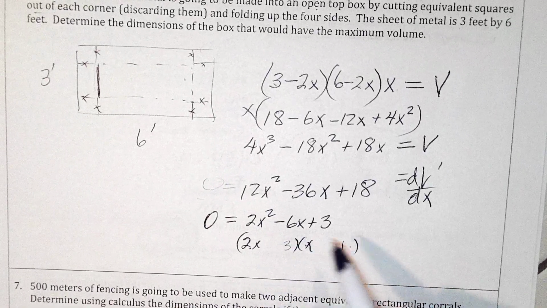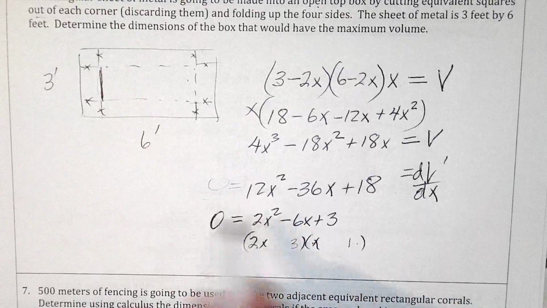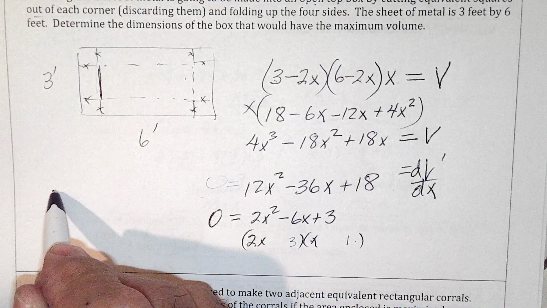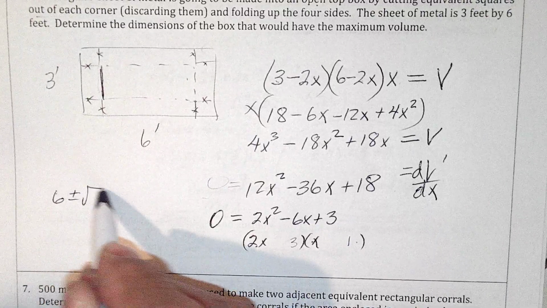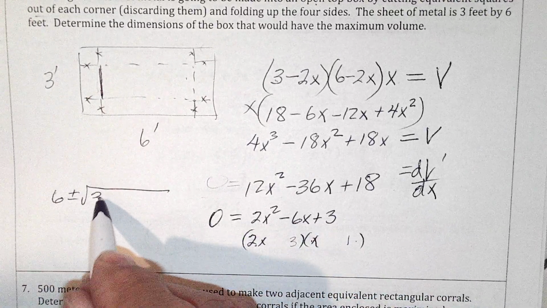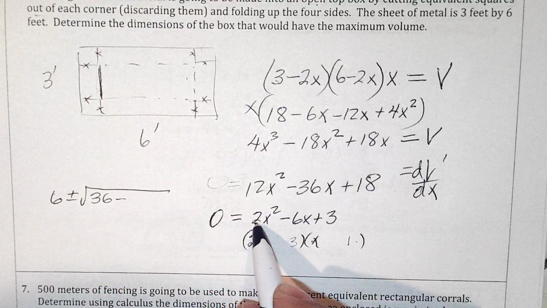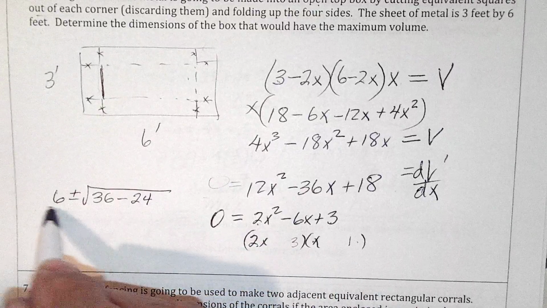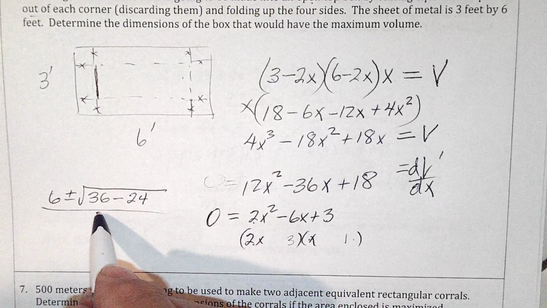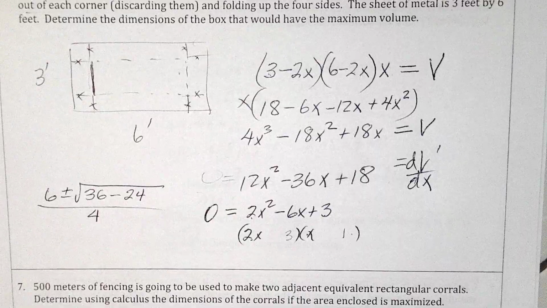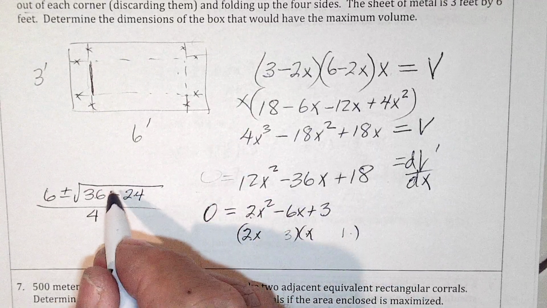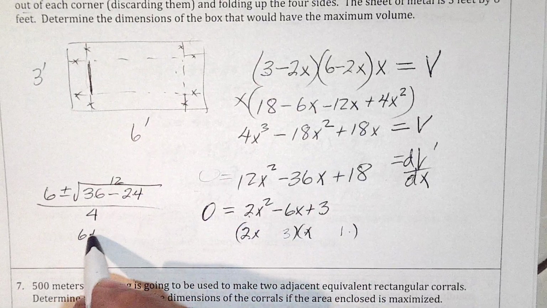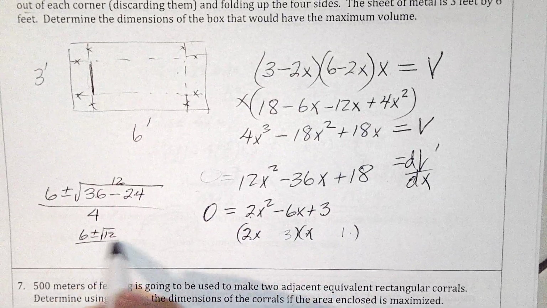All right, so I'm going to do the quadratic formula. The negative of b, a negative 6, is 6, plus or minus the square root of b squared minus 4 times, that's 8 times 3, is 24, over 2a. So 36 minus 24 is 12. So I get 6 plus or minus the square root of 12 over 4.